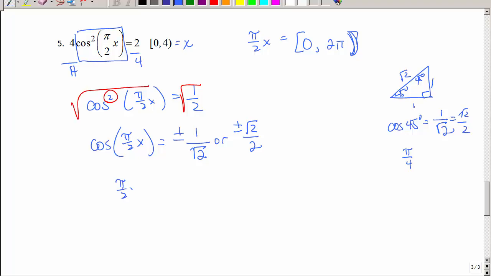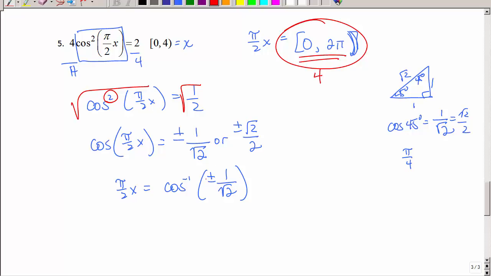So pi over 2x equals the inverse cosine of plus or minus 1 over the square root of 2, and I have to look at this interval. That's all the way around the circle. That means I need to have 4 answers because I have plus or minus. So I have pi over 2x. I know I need pi over 4, 5 pi over 4, I skipped 3 pi over 4, and 7 pi over 4.